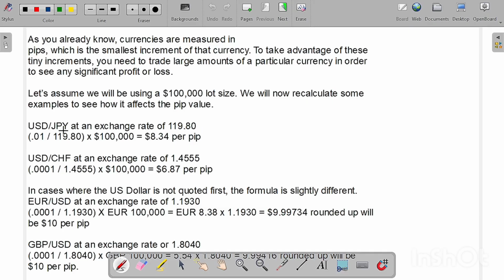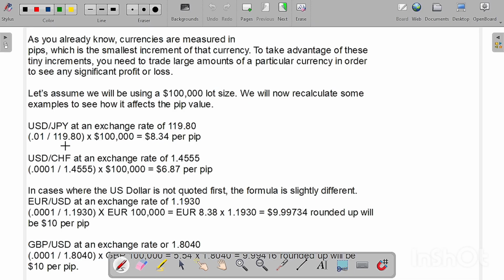In pairs like GBP JPY, we usually use two decimal places, counting from the decimal point going to the right. So you take 0.01 and divide by the exchange rate.